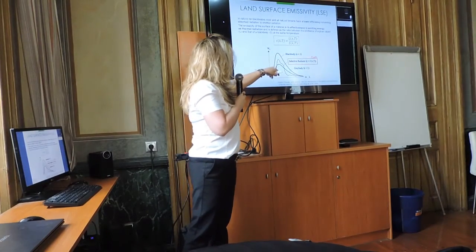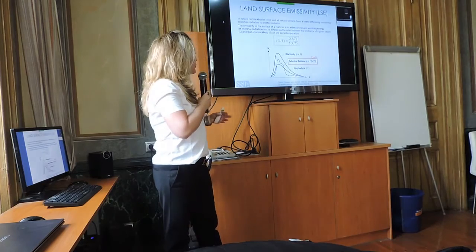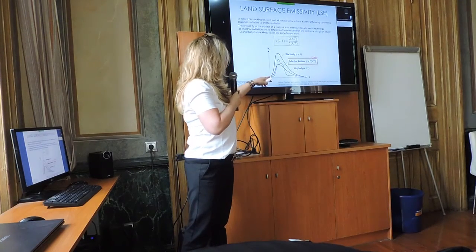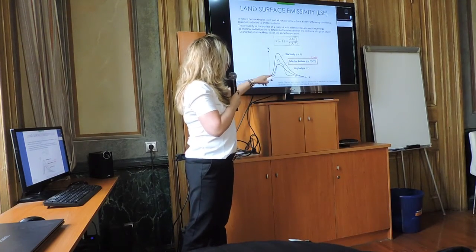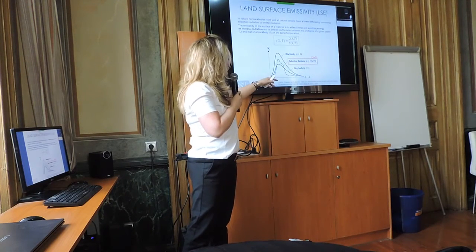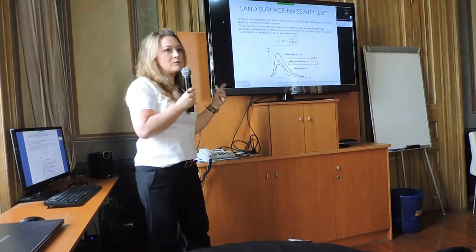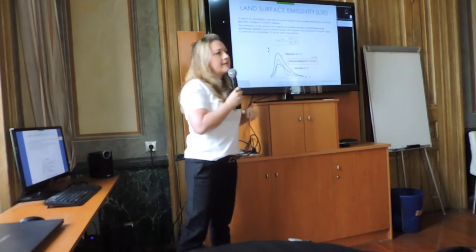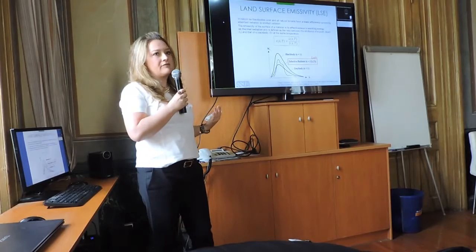Here, in Earth, you have a selective radiator, so this curve here is not the same. So you have different values for radiation depending on where you are in terms of wavelength and what kind of surface you have.